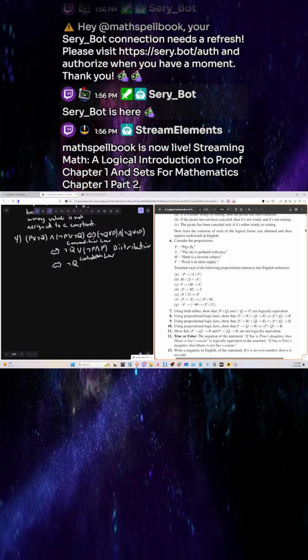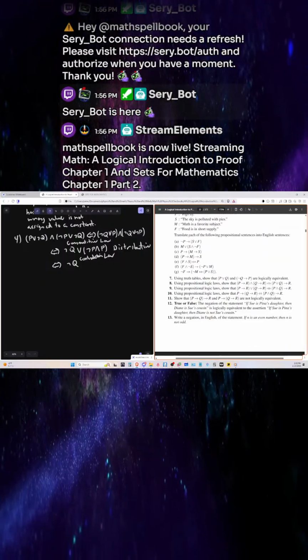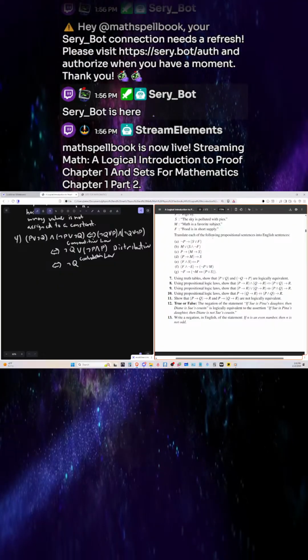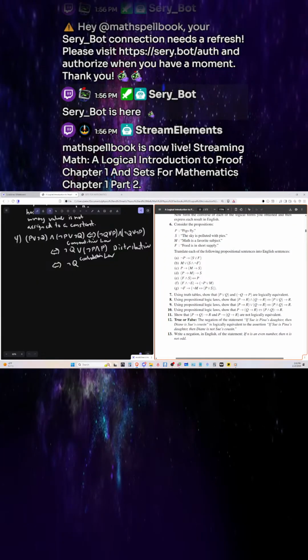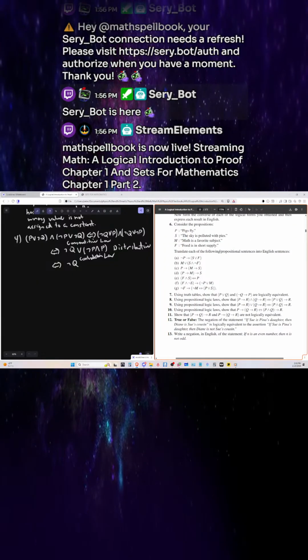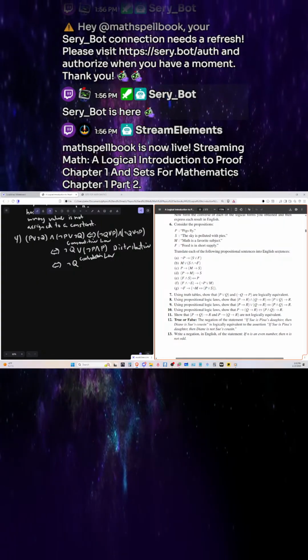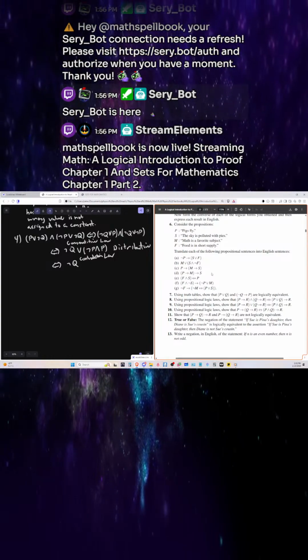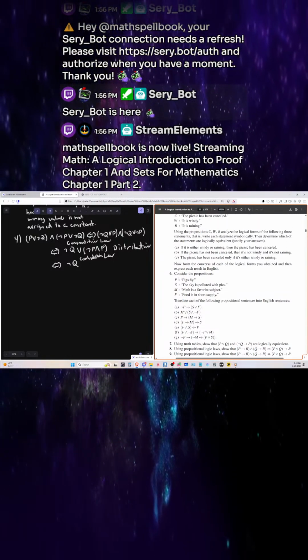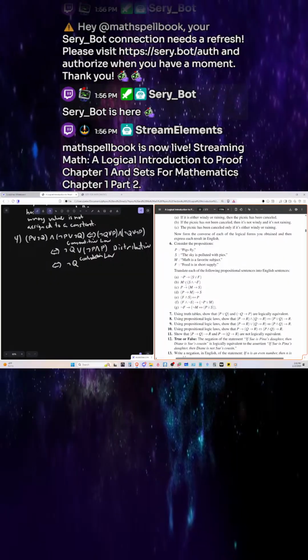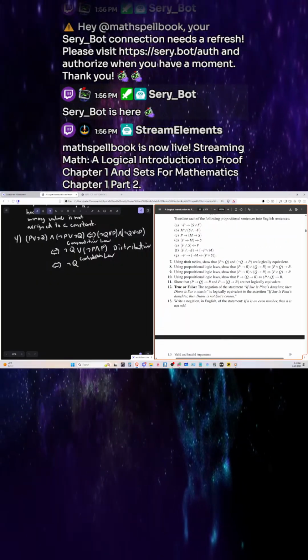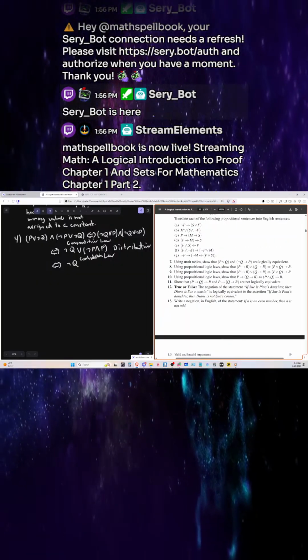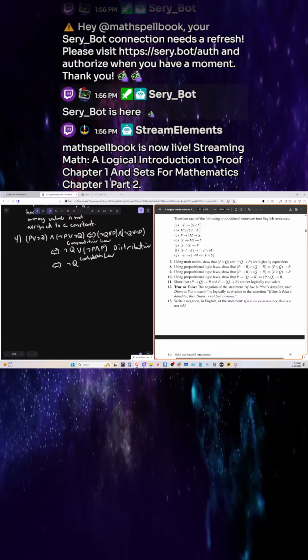So what else do we have here? It looks like we're comparing a lot of propositional things. Translate each of the following propositional sentences into English sentences. Oh, okay, so we have the sentences here, so we have to translate this. Using truth tables show, okay, another one of those.